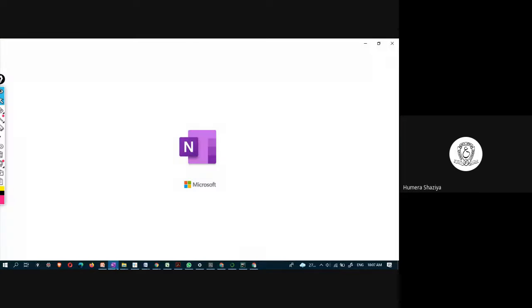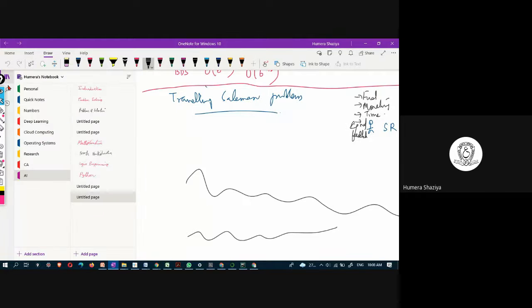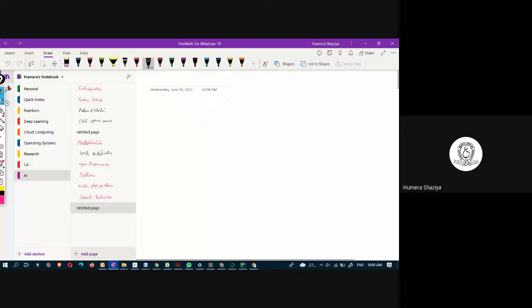The topic of today's discussion is heuristic search methods. Before beginning the topic, let us discuss why heuristics, what is the need, and what are the advantages we achieve.